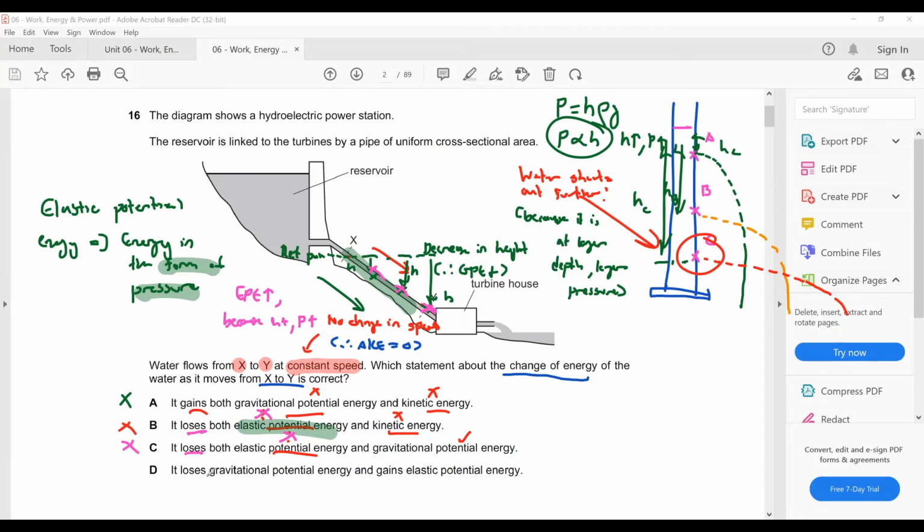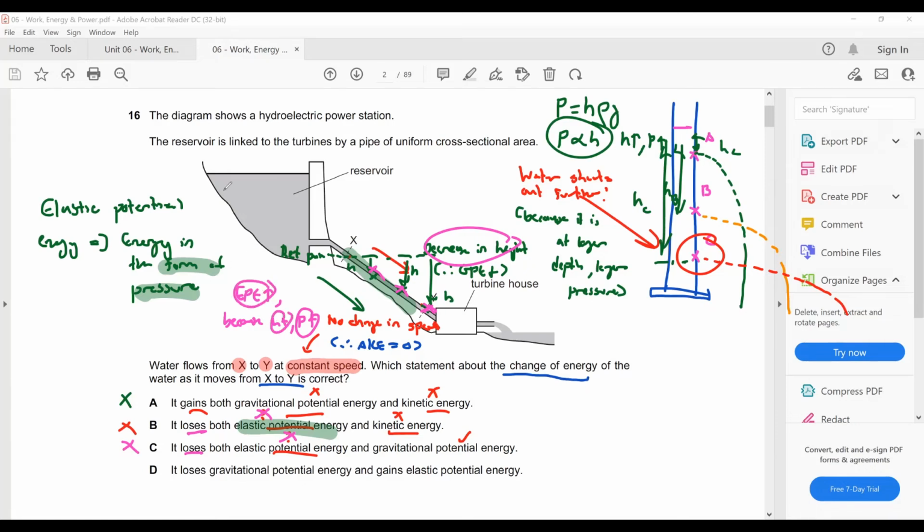So far, so good. So answer B, answer C is wrong. Just now we were stuck at C, right? Because we see that it's losing gravitational potential energy. Yes, that is correct because you're losing height, but is losing elastic potential energy correct? That is not correct because your depth is increasing. Your pressure is increasing because depth is increasing.